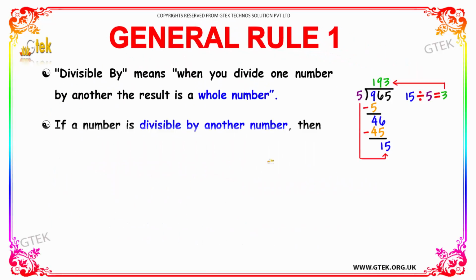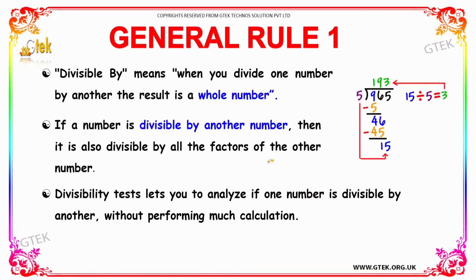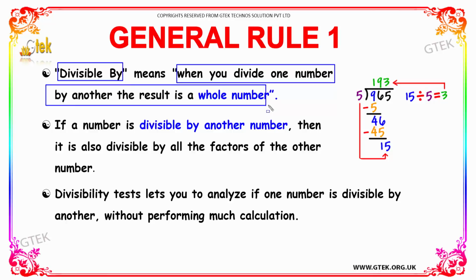So we are going to see rule number 1. If you say a term is divisible by, when you divide one number by another, the result is a whole number.